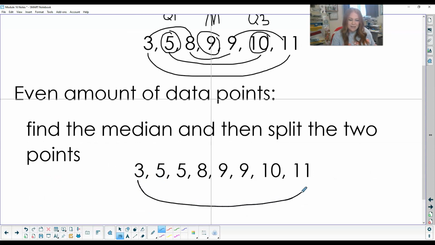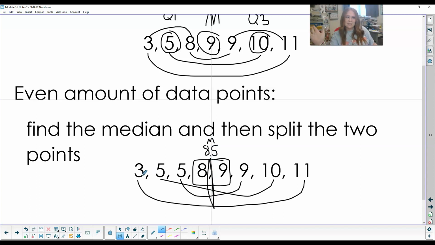So this 3 and 11 go together, 5 and 10, 5 and 9. So I'm left here with 9 and 8, and my median is 8.5. There's the middle. Now I'm splitting it: 8 is going to the lower half, 9 is going to the upper half.